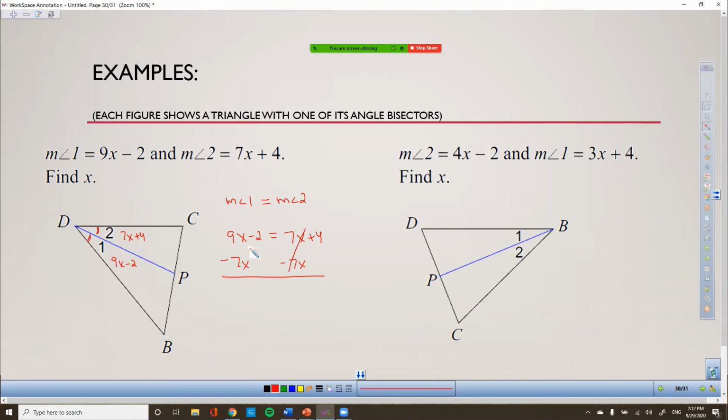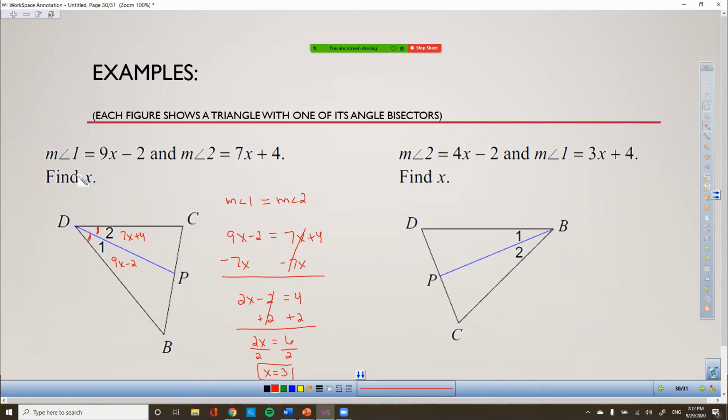This goes away, and I'm left with 9x minus 7x. That gives me 2x minus 2 equals 4. Now I've got numbers with numbers, so opposite sign, plus 2 plus 2. This goes away, and I'm left with 2x equals 6. And lastly, to solve for x, we divide by the same, divide by 2. So that means that x equals 3.